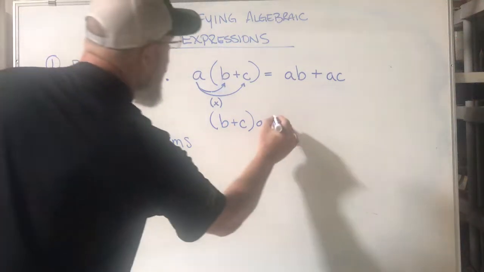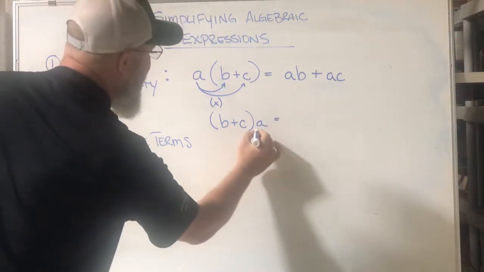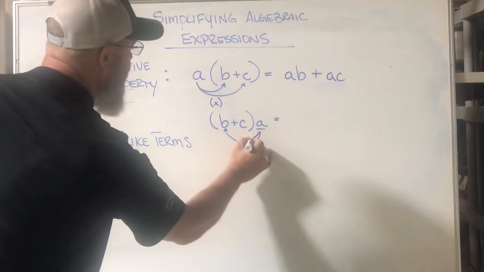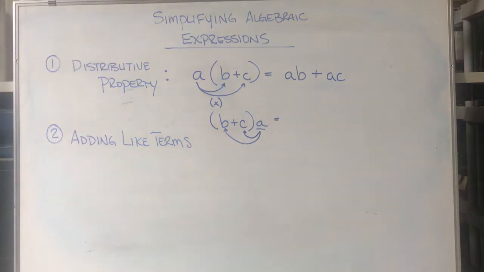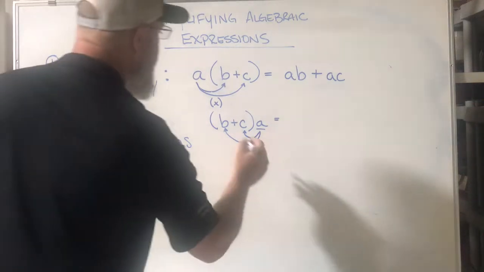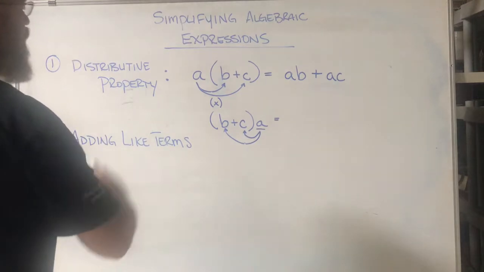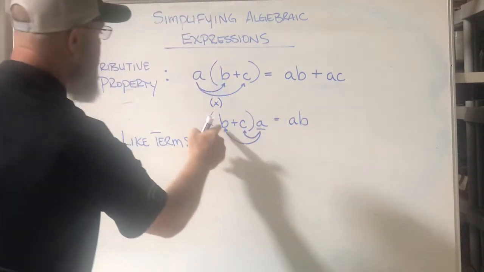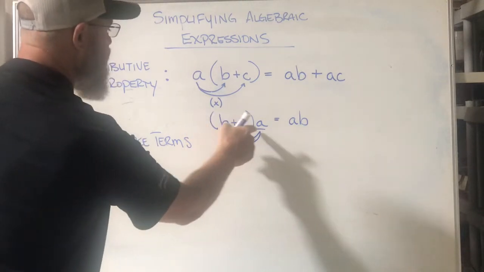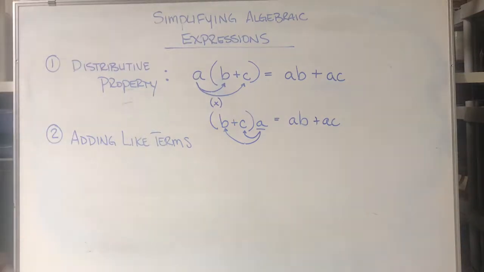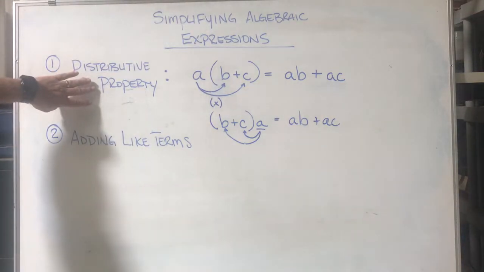Even if the A is on this side, I can still distribute that A to both B and C. So this doesn't change the value by placing the A on the back side. We can still distribute it. This still equals AB plus AC, because A times B plus A times C still equals the same thing. Okay? That is the distributive property.